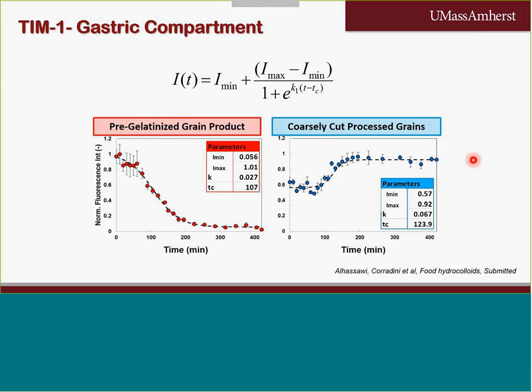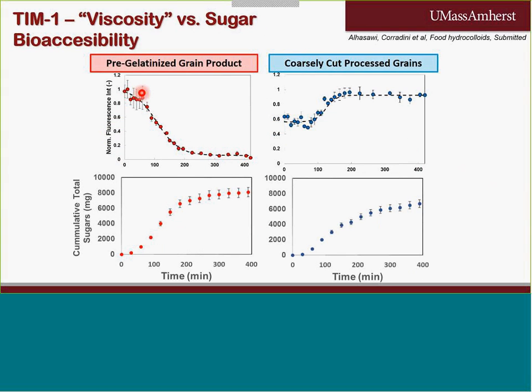Not only were the changes in viscosity interesting, but they also related to changes in bioaccessibility of sugars. These data were obtained using HPLC, and in this case, the bioaccessible sugar for the pre-gelatinized product was much higher than that obtained for the coarsely processed grains.